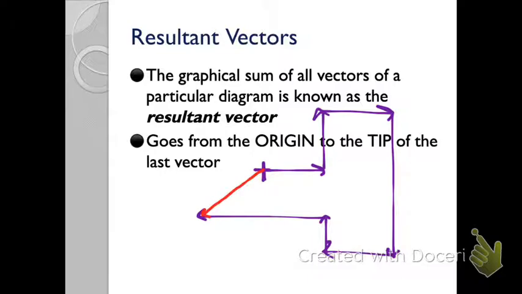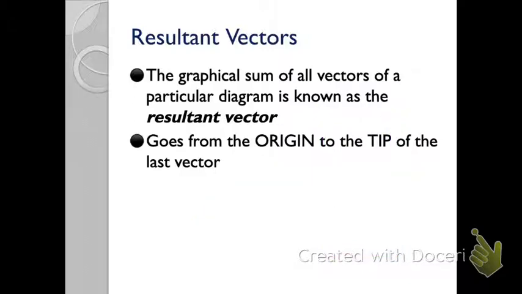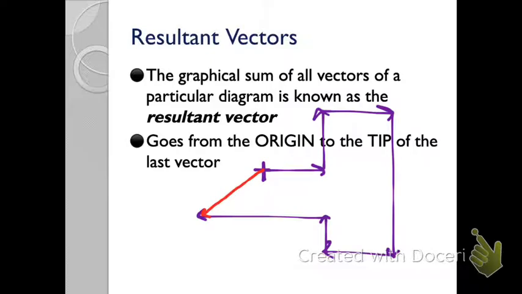So you see all of these purple vectors are added tail to tip, one right on top of the other. But to get our resultant vector, we go from the origin to the tip of the last vector. So that when I find the value of this resultant vector, I can say, to get from my starting point to my end point, I need to walk this many meters in this direction.